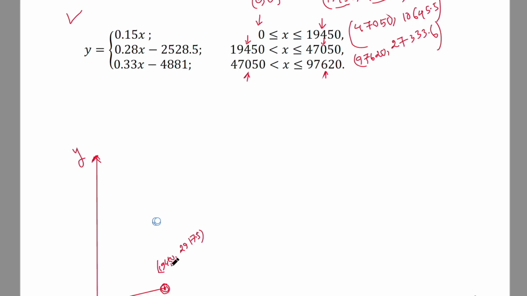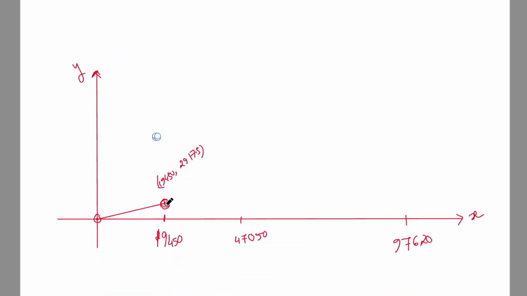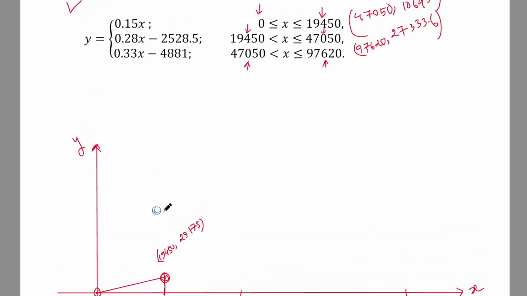Now the question is, why do I consider this distance here? Because in that case you need to consider the slope of the first line. The slope is very small, which is 0.15. We know a standard line which passes in this way, making a 45-degree angle with the x-axis. This line has slope 1.